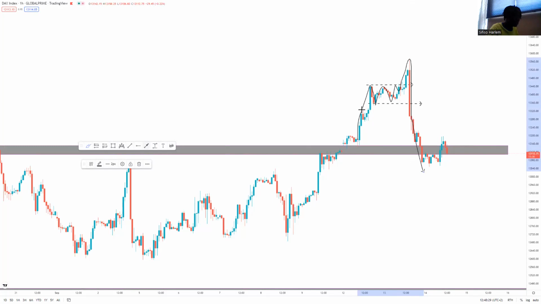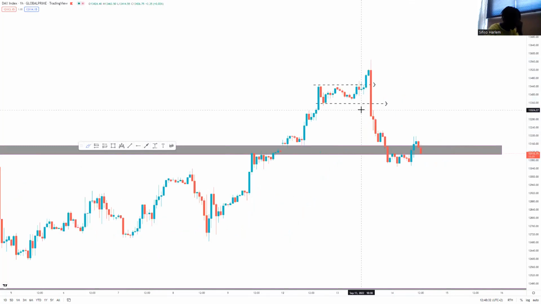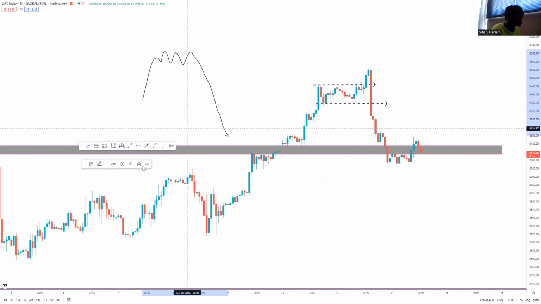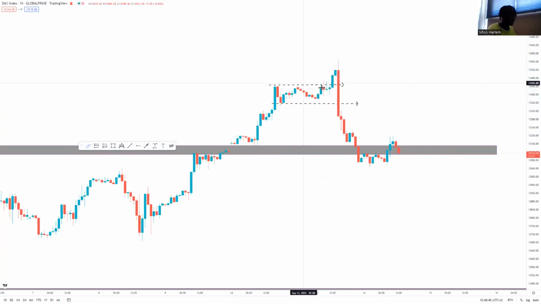Let me not lie, what I was simply waiting for was continuation to the upside. Obviously, price is in a push, correction, breakout, retest, then continue to the upside. But now price took the highs out on this level, and this candle impulsively shot to the downside, taking the lows.